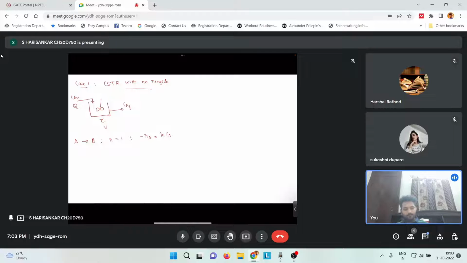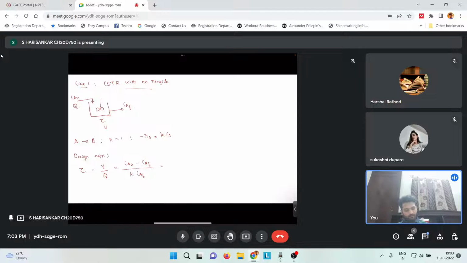So for this, if we write the design equation, it will be tau is equal to V by Q, and that will be equal to CA0 minus CAF by kCAF.